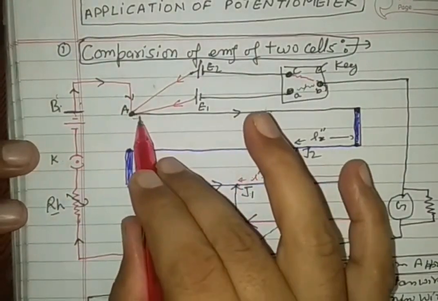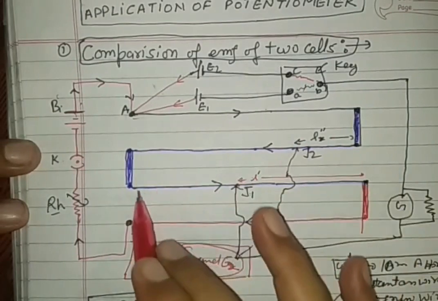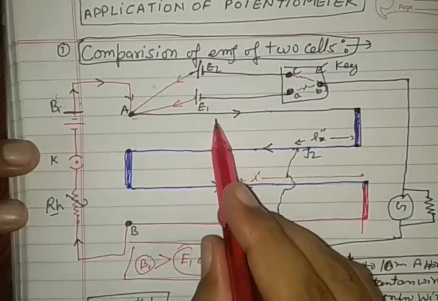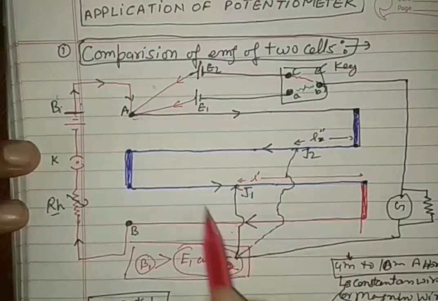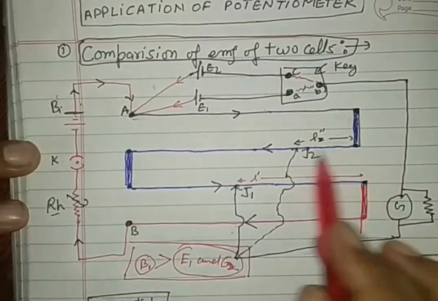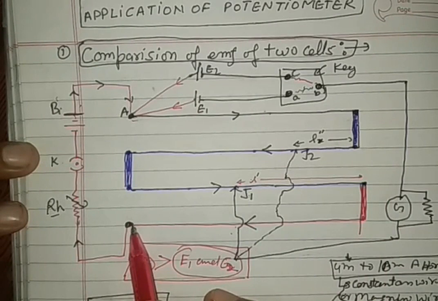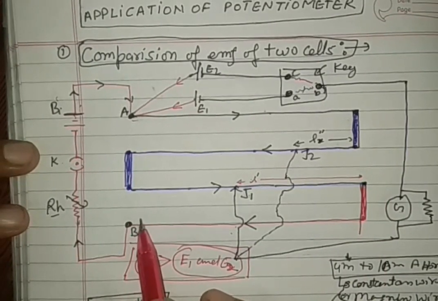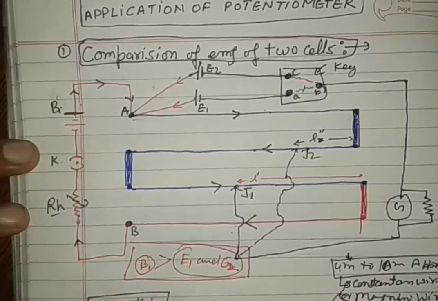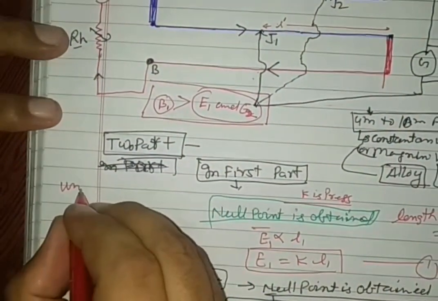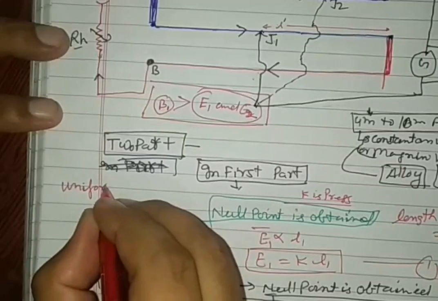The potentiometer wire which I discussed in the beginning, here in this experiment it is a 4 meter wire from A to B: 1 meter, 2 meter, 3 meter and 4 meter. This is a constant wire. It should be uniform, see very carefully, of uniform diameter.